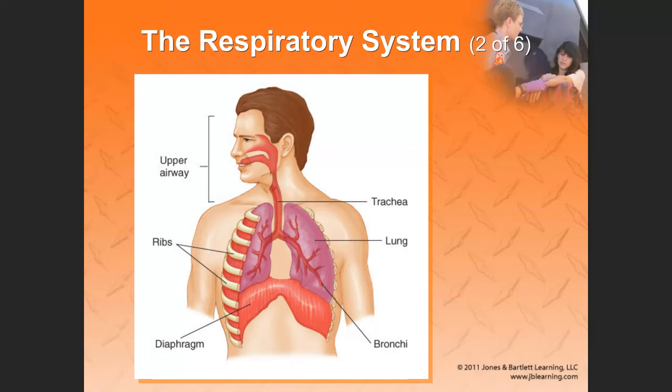So in order for respiration to occur, which is the exchange of oxygen and carbon dioxide, a patient must be able to ventilate properly. And when you hear or see the term ventilation, it is specific to the mechanical action of breathing in and breathing out.